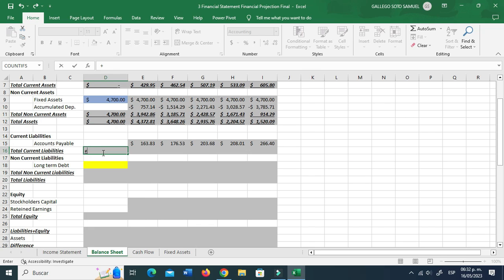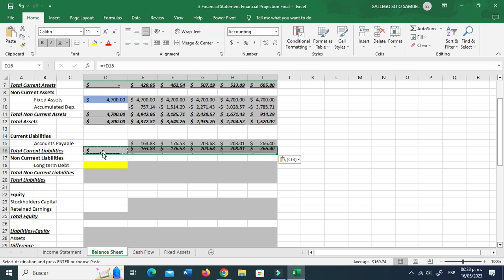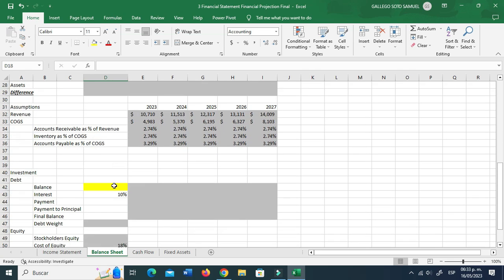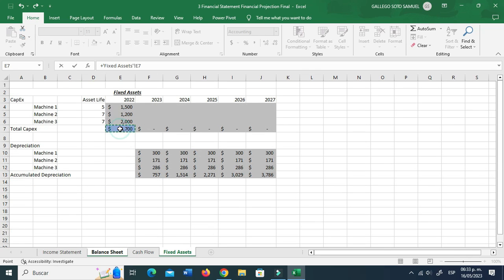Well, actually that's the only one that we have in it. For the sake of the formula, we're just gonna leave it like this. Okay, now the long-term debt. Okay, so we have the yellow cell. Finally, the yellow cell.